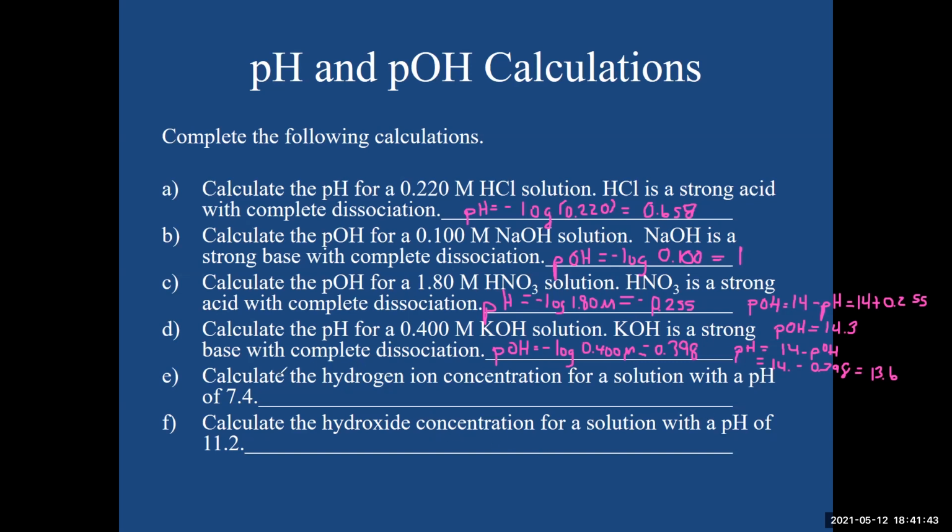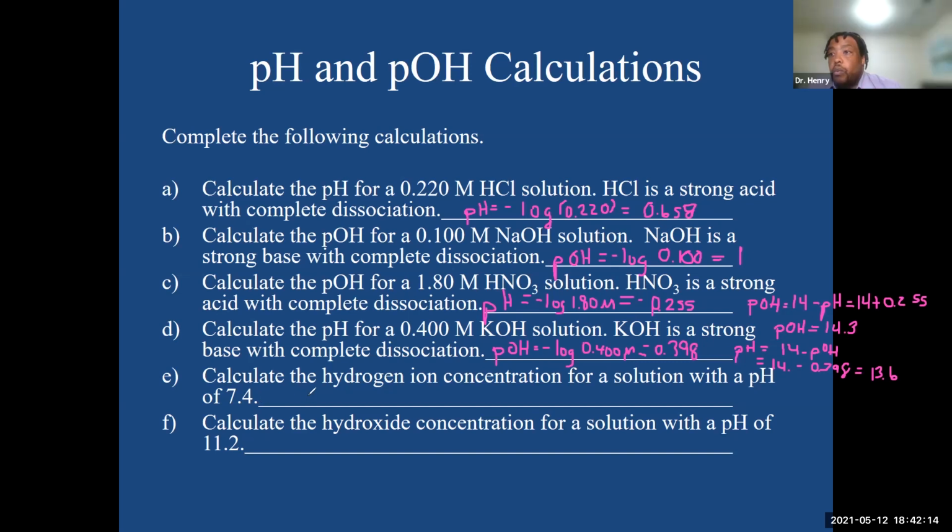Okay. Calculate the hydrogen ion concentration for a solution with a pH of 7.4. Do we subtract that from 14 to start?